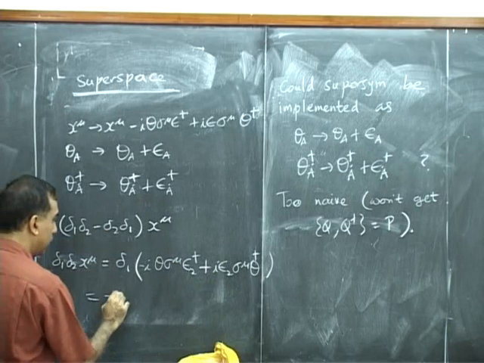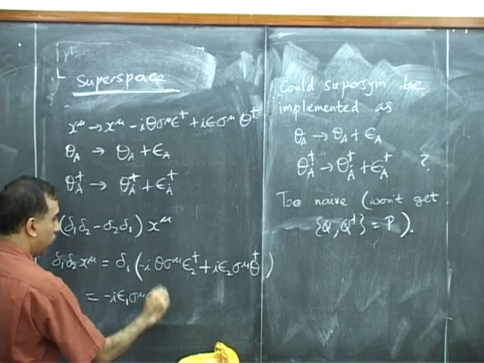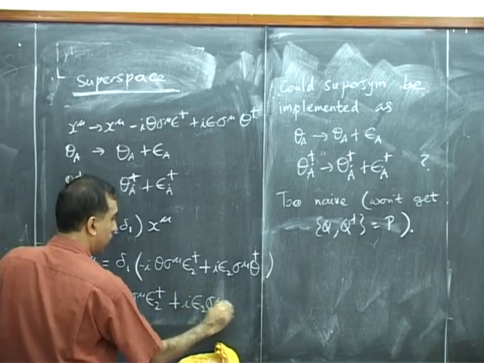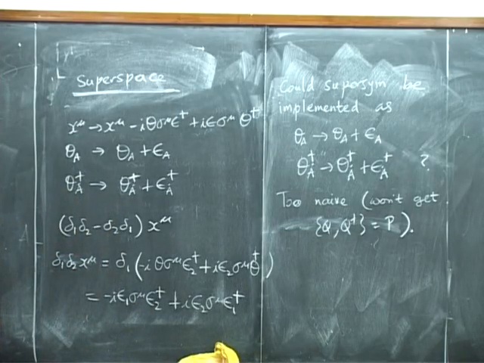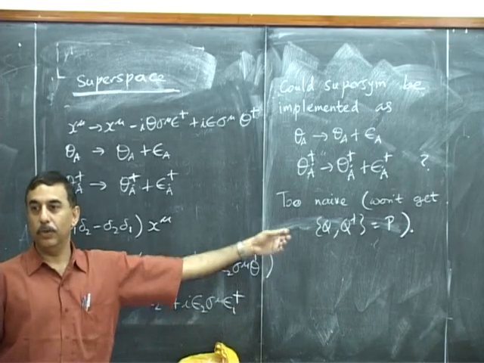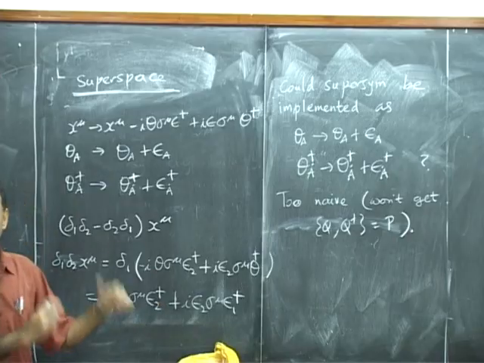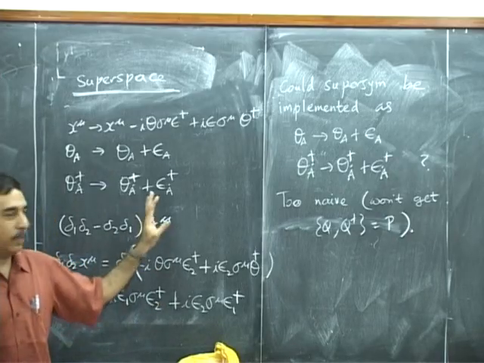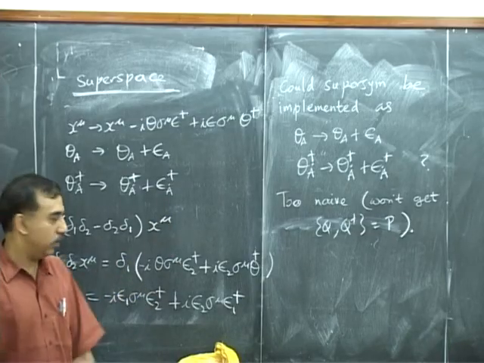So I get minus i epsilon 1 sigma mu epsilon 2 dagger plus i epsilon 2 sigma mu epsilon 1 dagger, and this is great because I've already got the generator of translations that I showed you earlier. It's just epsilon 1 dagger sigma mu epsilon 2 minus the reverse. There's a thing between active and passive points of view, so I might have got my 1 and 2 mixed up, but it's of no consequence.